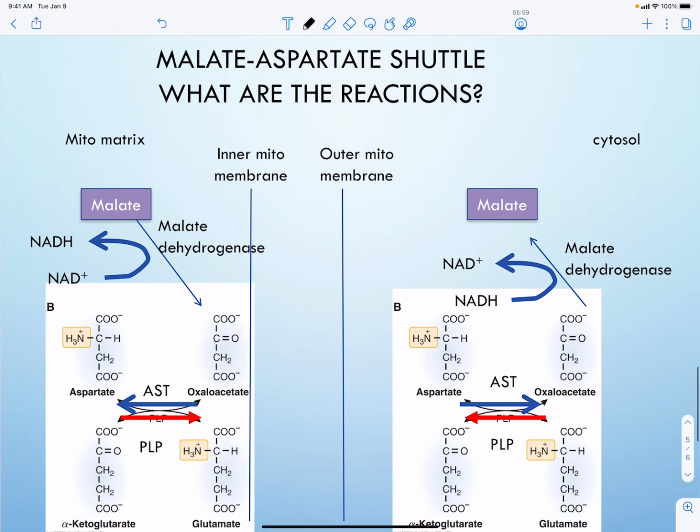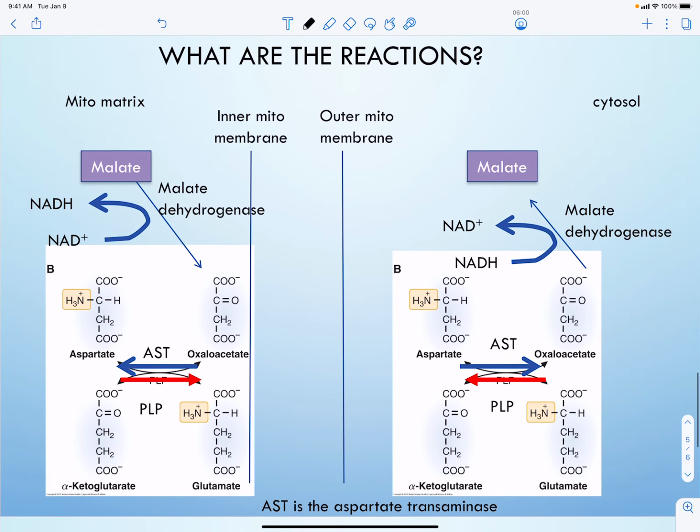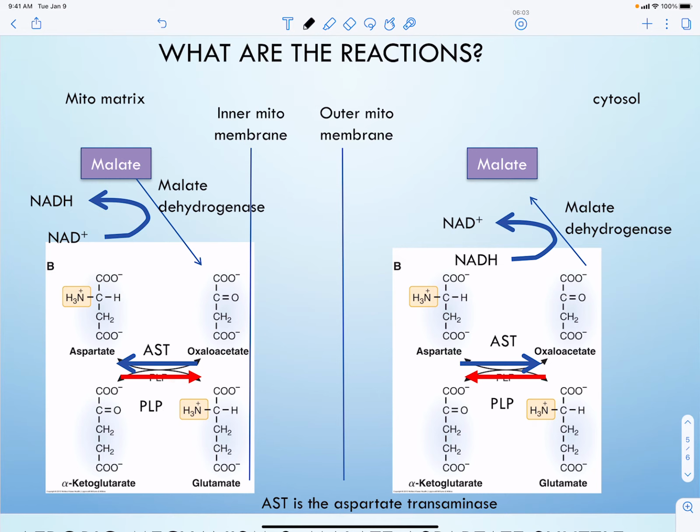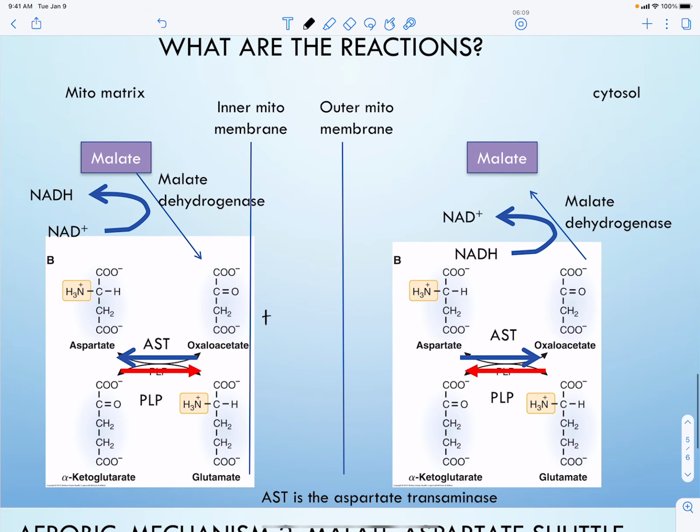So in this malate-aspartate shuttle, what are the reactions? Well, let's just look at this a little bit. We have transamination reactions, and basically, in transamination reactions, you're moving around your nitrogens.